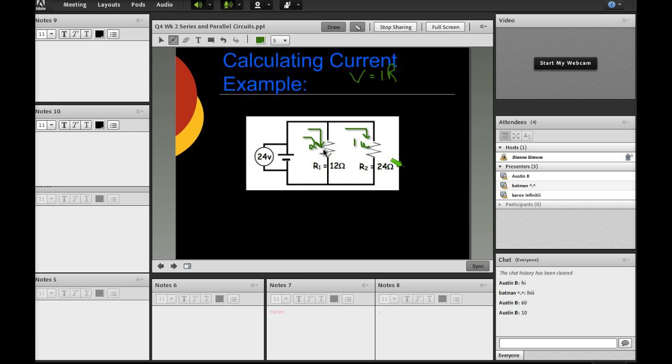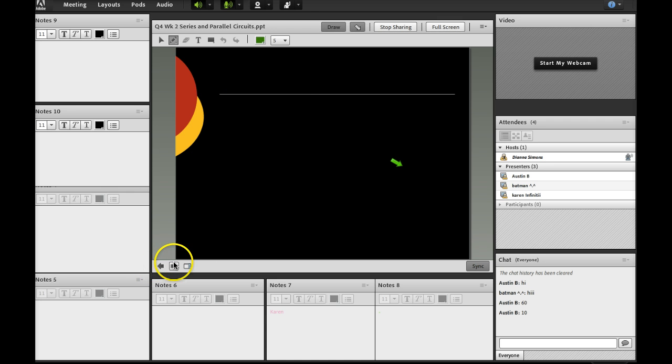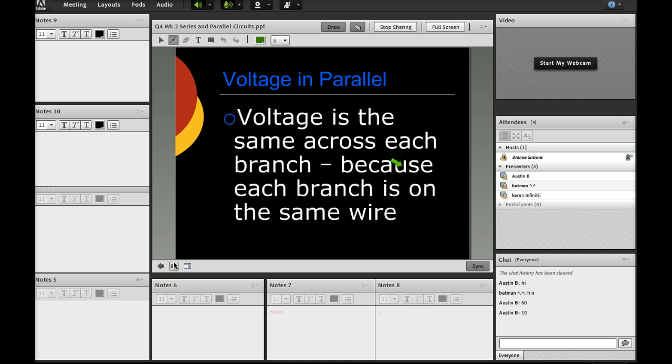So what's the total current? What's 2 plus 1? 3. Yes. Okay, good. So we're going to talk about voltage, and this one is pretty easy. What's voltage in a parallel circuit?